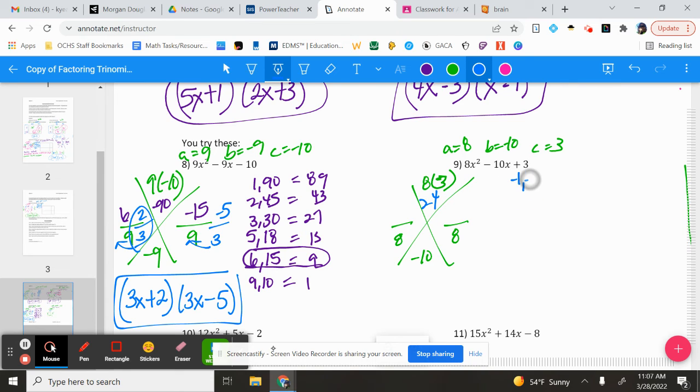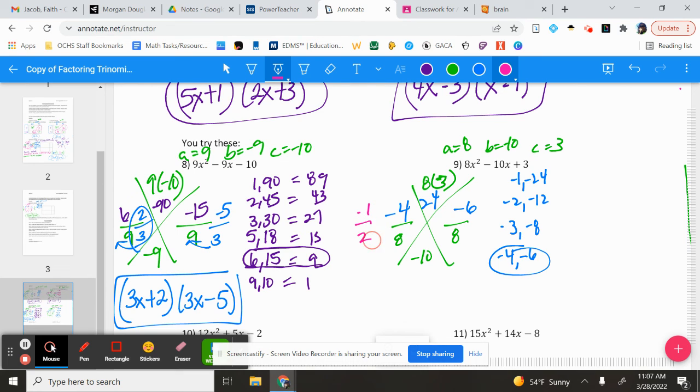So I get negative 1 and negative 24, negative 2 and negative 12, negative 3 and negative 8, negative 4 and negative 6. 5 won't go, and then when I get to 6, we're repeating. So I see here that I have negative 4 and negative 6 as my two factors. And then I'm going to reduce these where possible.